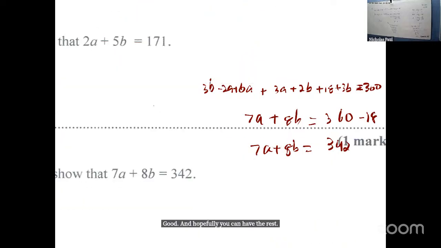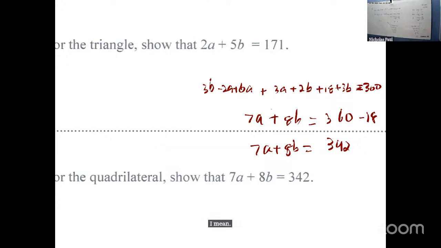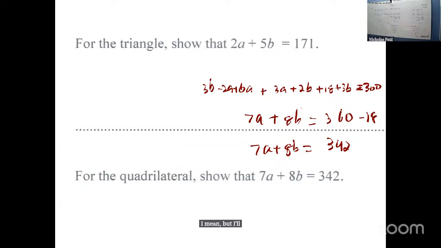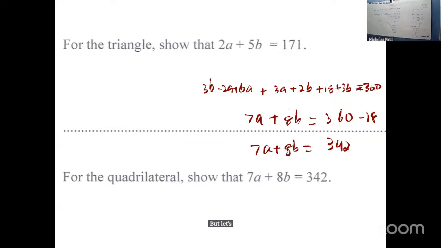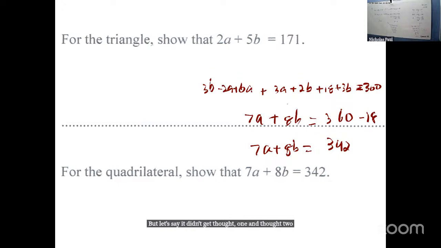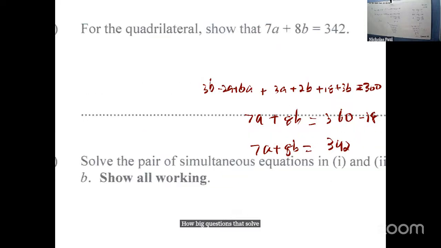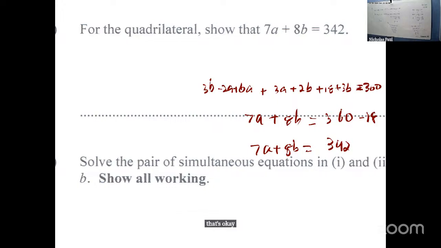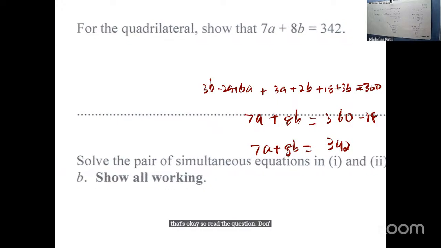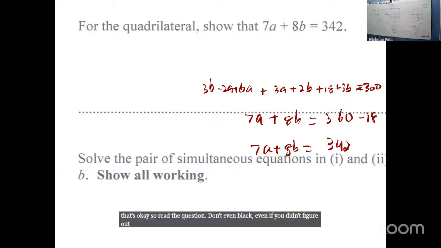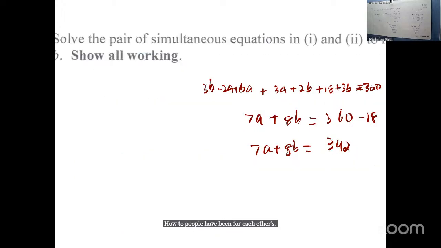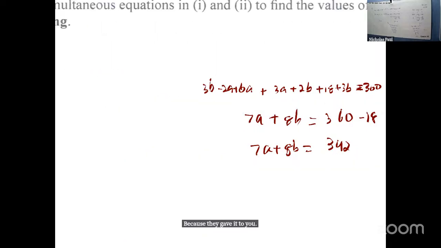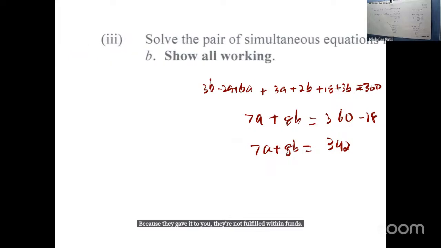But in the exam, let's just say that you did not get the equations. Maybe you did not get part one, or were not feeling your day. But let's say you didn't get part one and part two, you have the equations to solve in part three. That's okay? So read the question, don't leave it blank, even if you didn't figure out how to develop the equations, because they gave it to you and ask you to solve it in part three.